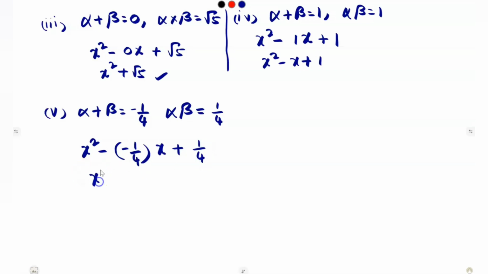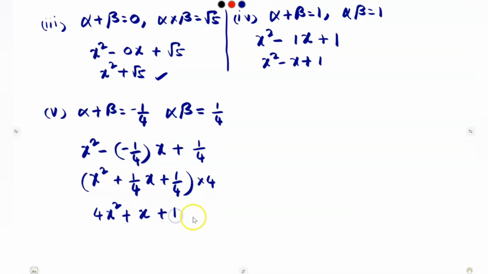Simplifying a little more, minus of minus is plus, so x square plus 1 by 4 x plus 1 by 4. To avoid the fractions in the middle, you can multiply throughout the polynomial by 4. We get 4 into x square, 4x square, plus 4 into 1 by 4 x, which is just x, plus 4 into 1 by 4, which gives you just 1. So this is the polynomial for the fifth question.